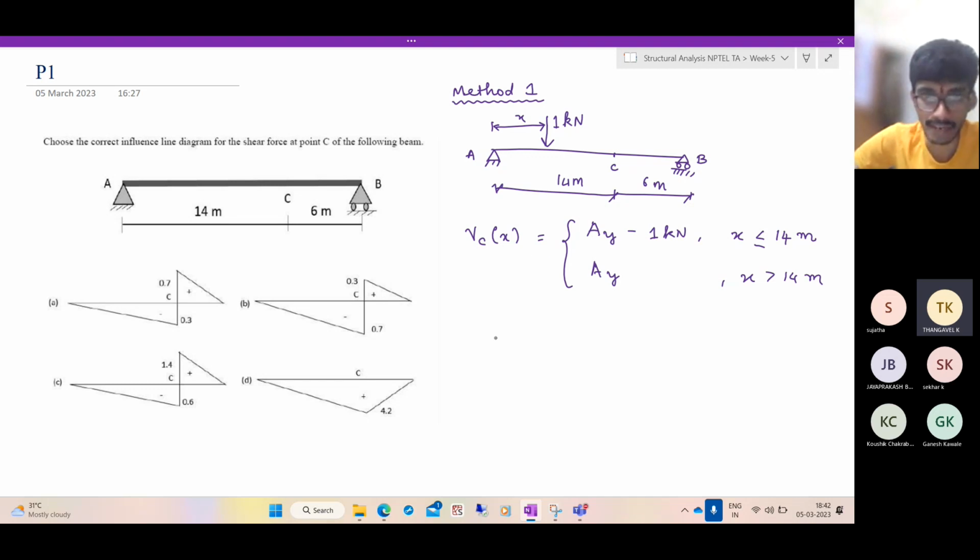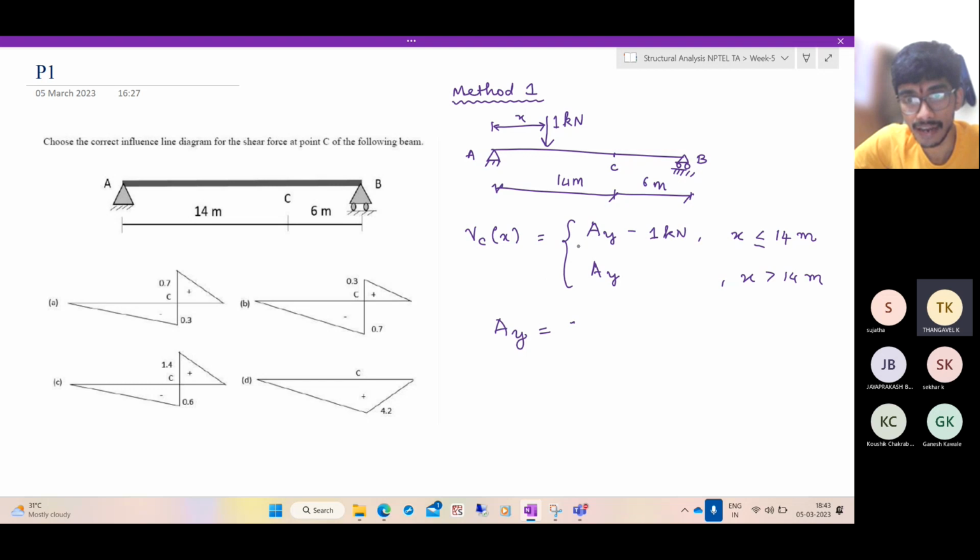Now let us say, what is AY? The total beam span is 14 plus 6, which is 20 meters. How do you find AY? Take moments about the point B. In that case, what do you get? AY into 20.